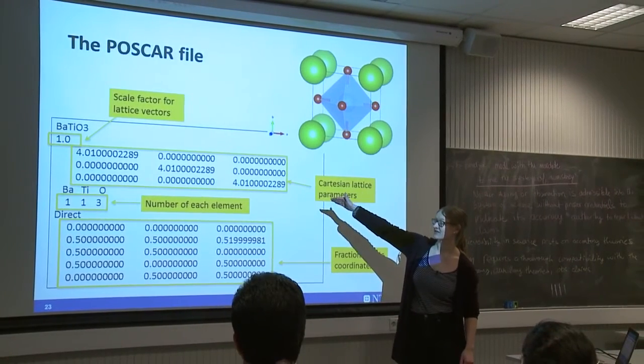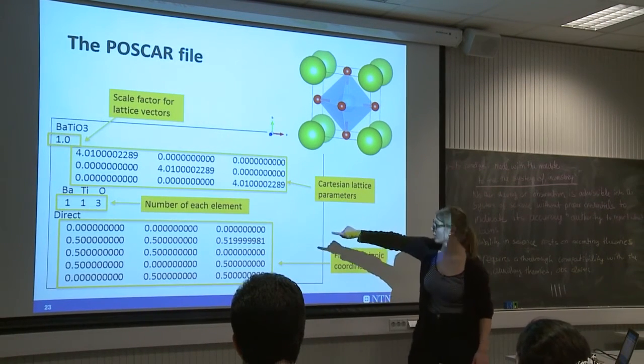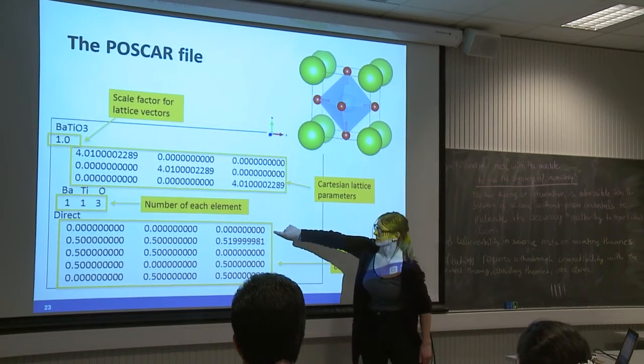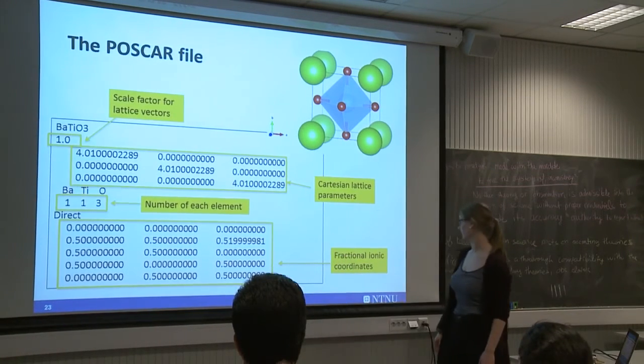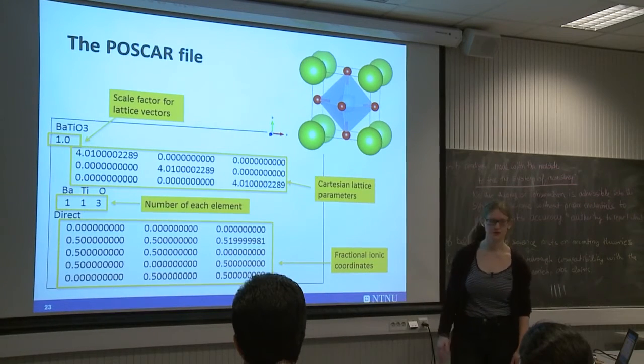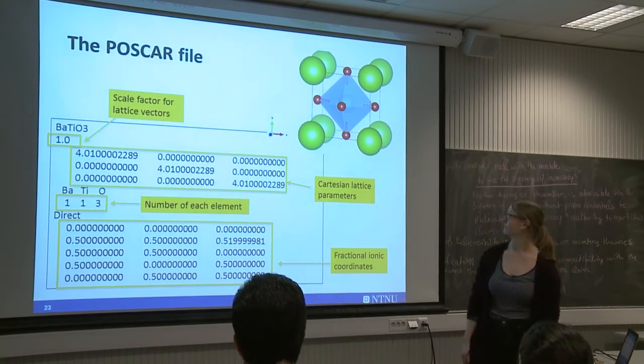So this specifies the elements, and here's the number of each element. The first one belongs to barium, then the second belongs to titanium, and then we have the 3 oxygen. And this is just the fractional coordinates. So it's very simple.